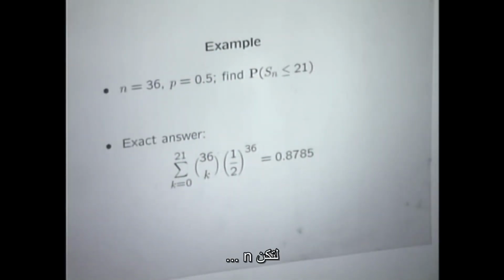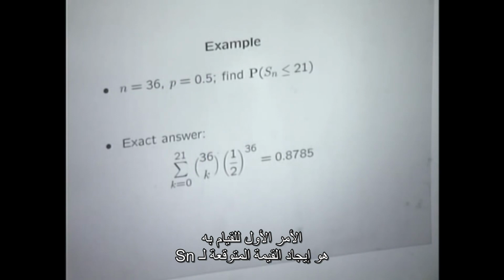So let's do one more example of a calculation. Let's choose some specific numbers to work with. In this example, the first thing to do is to find the expected value of Sn, which is n times p, it's 18. Then we need to write down the standard deviation.